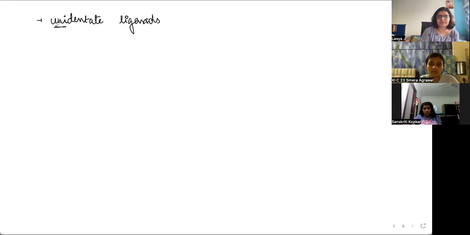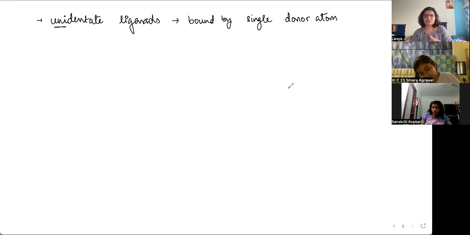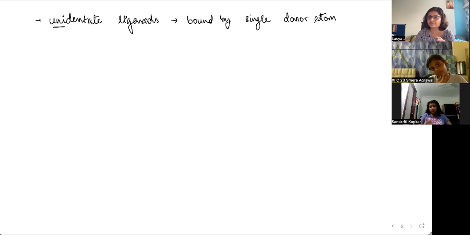Uni stands for what? One bond with the center. Yes. So if it is bound by a single donor atom, the atom that is donating electrons, so if it's bonded to only one atom of that molecule or ion, that's a unidentate ligand.